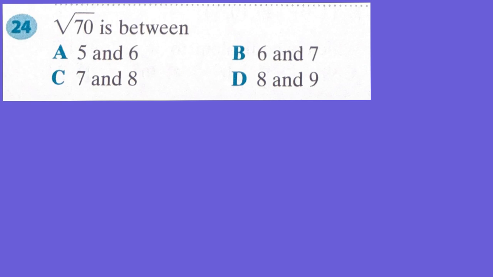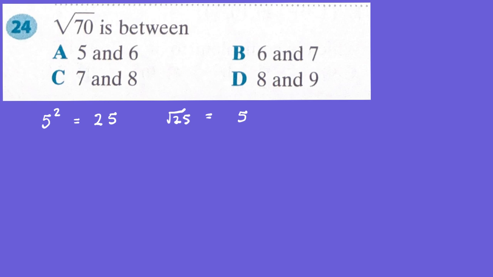Since you can't use the calculator, we need to decide where root 70 is between 5 and 6, 6 and 7, 7 and 8, or 8 and 9. Let's start by squaring 5. 5 squared is equal to 25, and we know that the root of 25, therefore, will be 5.